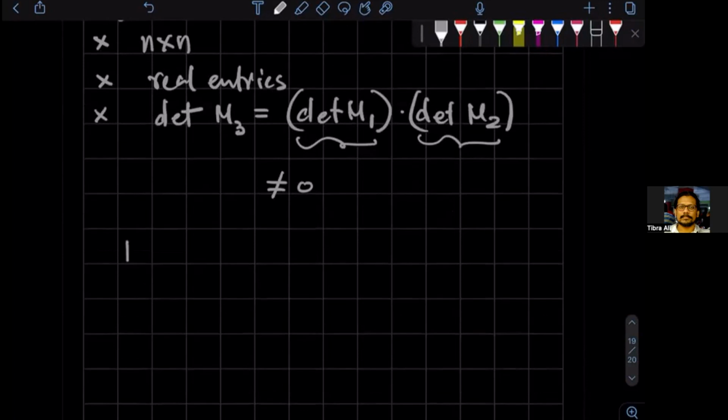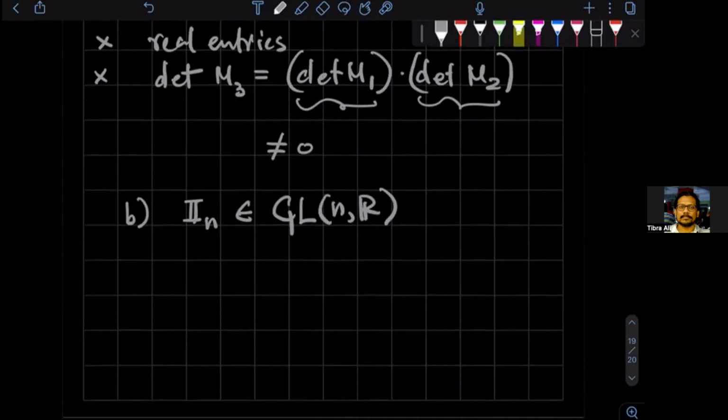Now, the identity is just I, right? The identity element is also in GLnR, right? So this is the identity element. So we have identified the n by n identity matrix as the identity element of the group, right?